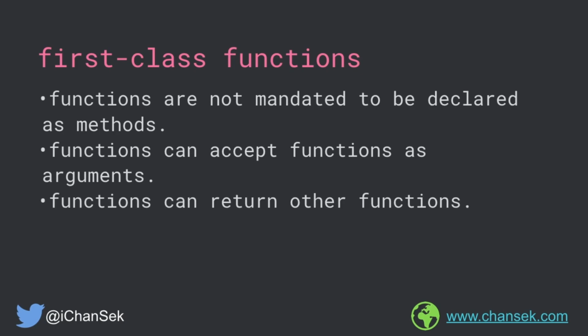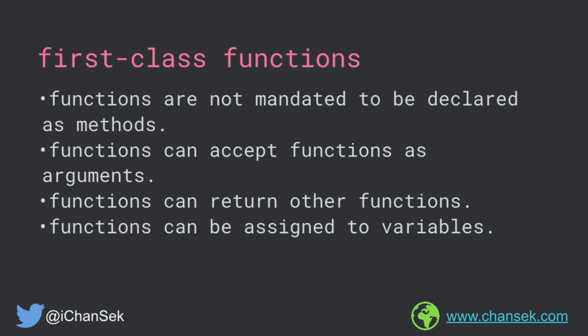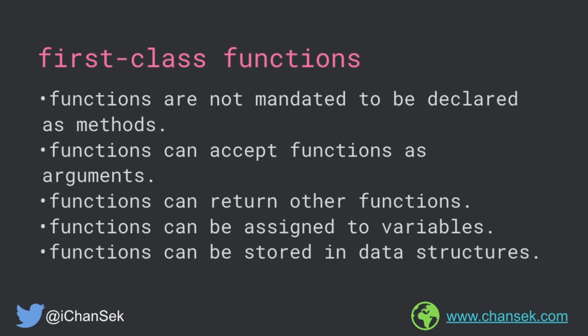Any function that can return another function can also be called a first-class function, or any function that can be assigned to a variable can also be treated as a first-class function. And functions that can be stored in data structures like an array, list, linked list or map can also be treated as first-class functions. And like this, there are many more features supported in the Kotlin programming language, and because of these reasons we can consider Kotlin a functional programming language.